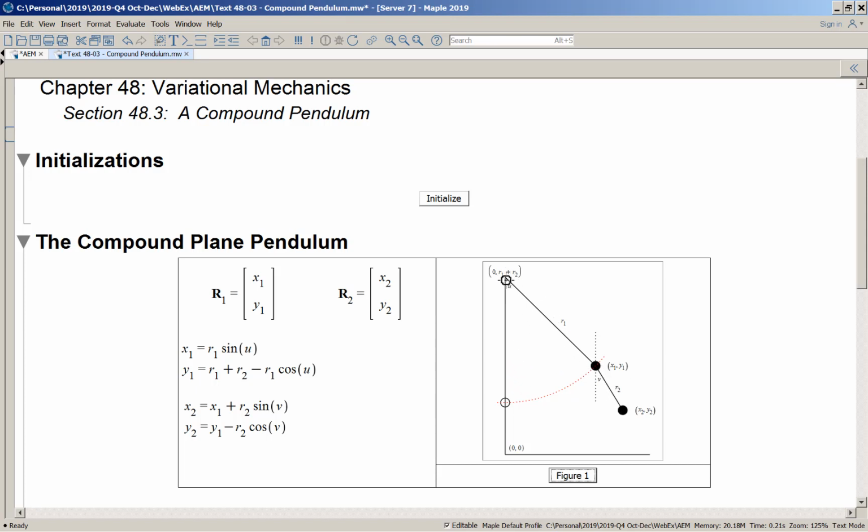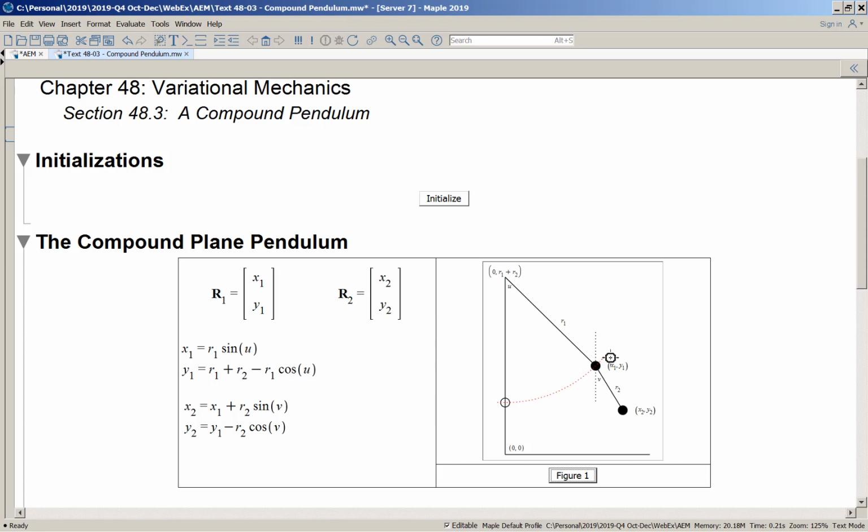There's a fulcrum. I put my origin at the bottom. When the pendulum hangs down at rest, the length up the y-axis will be R1 plus R2, where R1 and R2 are the lengths of the two rods.